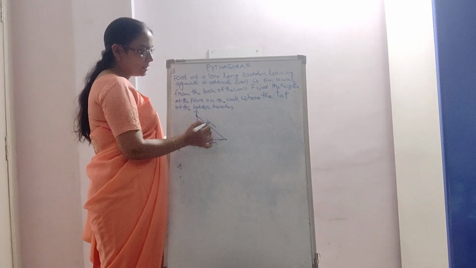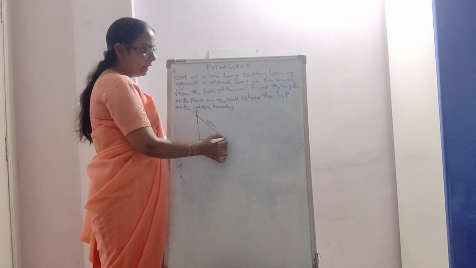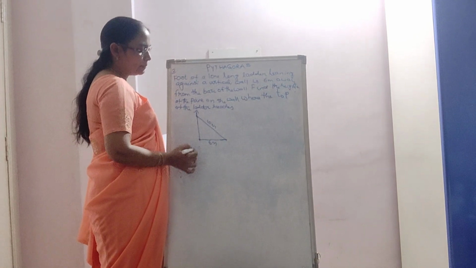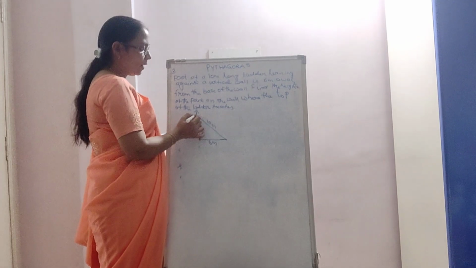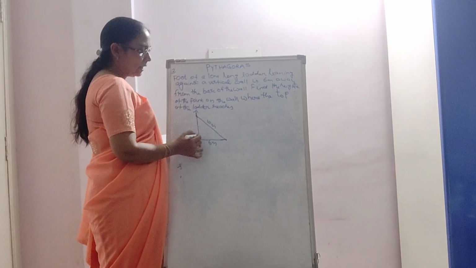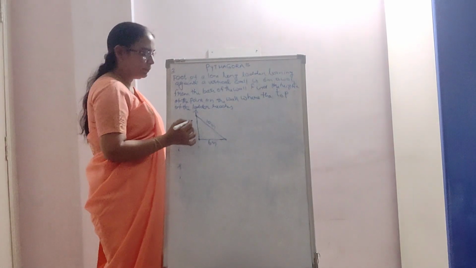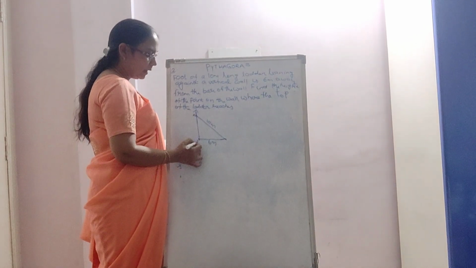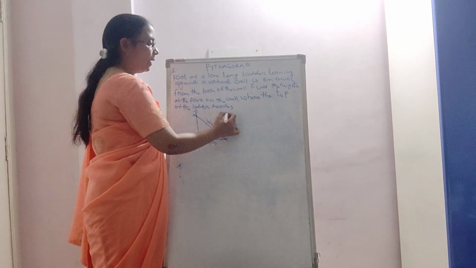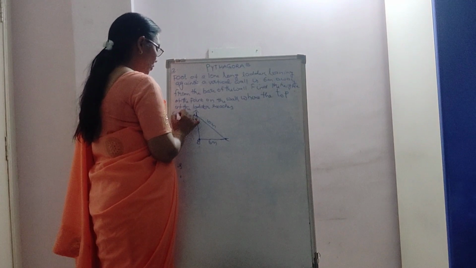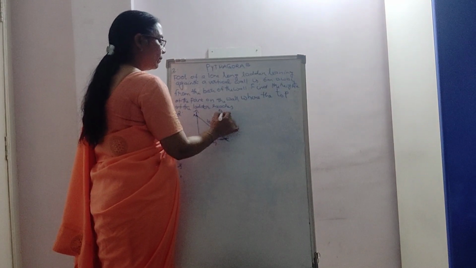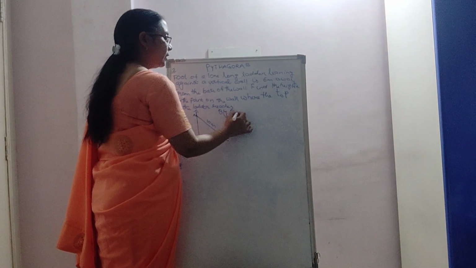The ladder is 10 meters long and it is 6 meters away from the base point. Now he is asking to find out this length where the ladder has reached the top. Let us name them A, B, C. Now this is the solution by Pythagoras theorem.